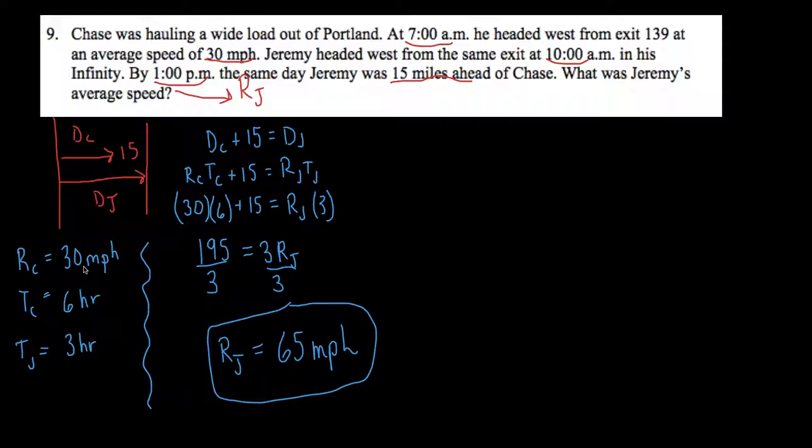I knew the rate of Chase was 30, and I knew the time of Chase was 6 hours because from 7 a.m. to 1 p.m. that's 6 hours, and the time of Jeremy was 3 hours from 10 a.m. to 1 p.m. Then writing in my main equation, I substitute always D for RT, substitute all the stuff that I knew, and solve the equation for RJ, and didn't have to take any further steps since that was what it was asking for.